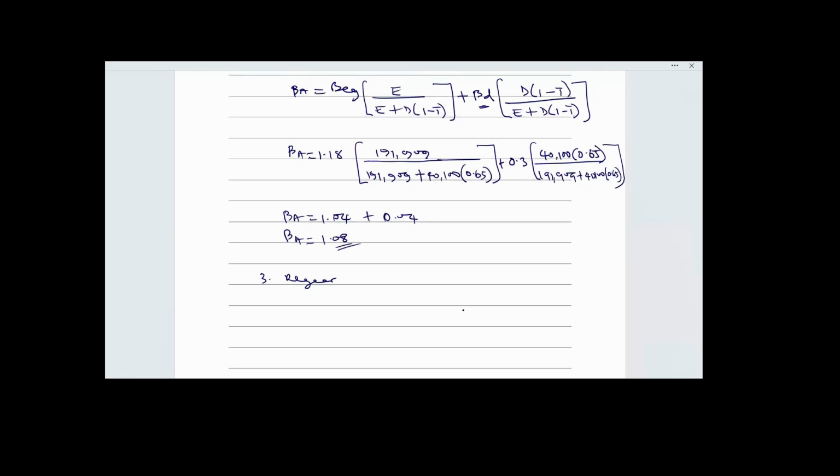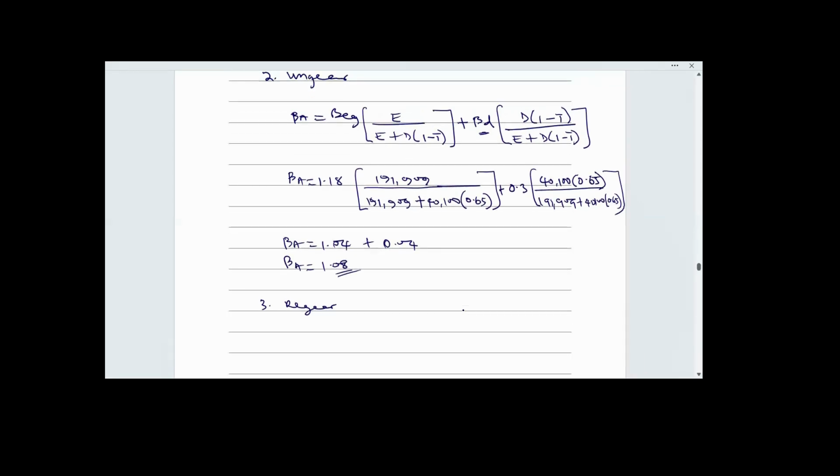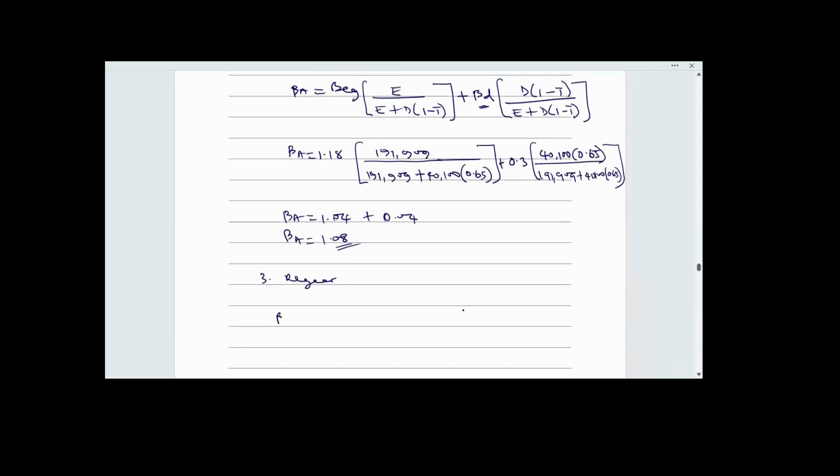I would then say beta assets equal beta equity of a geared company, equity over equity plus debt (1 minus tax), plus debt beta times debt value (1 minus tax), over equity plus debt (1 minus tax).